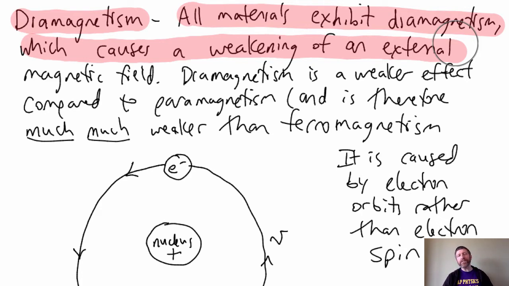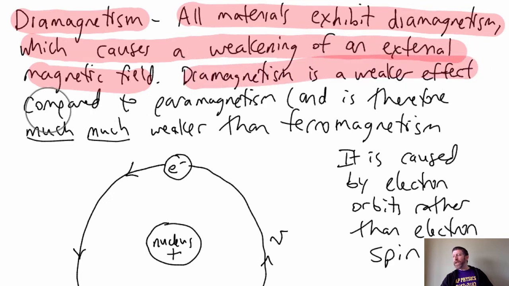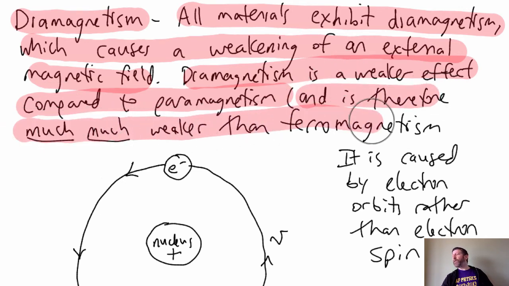In diamagnetism, you get an oppositely aligned magnet, which weakens the external field. Diamagnetism is a weaker effect than paramagnetism, and therefore is much weaker than ferromagnetism.